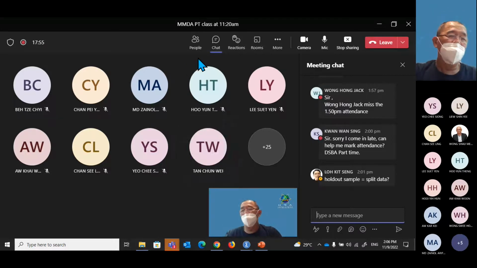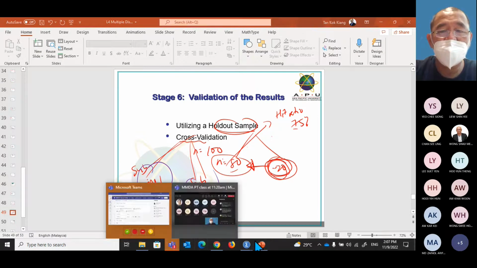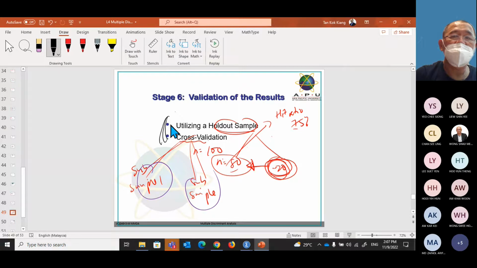Okay, if no problem, now we see. Sorry, sir. For cross validation, is the sample size the same for both subsamples? No, actually these two are supposed to come together. It's the same thing.